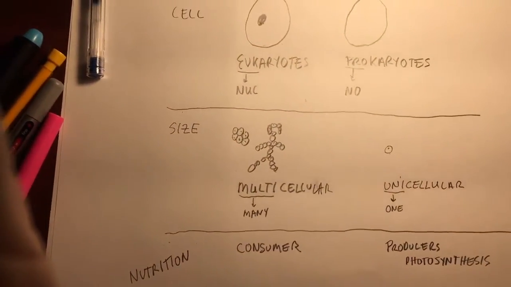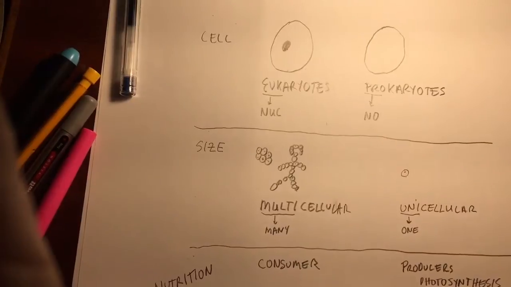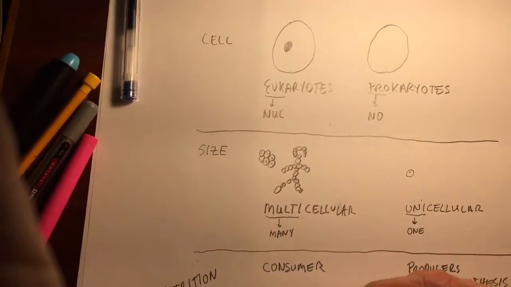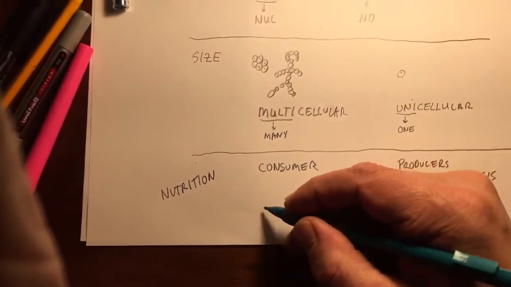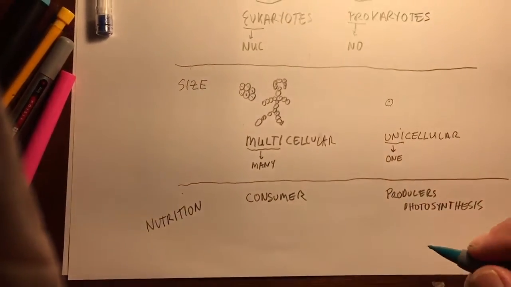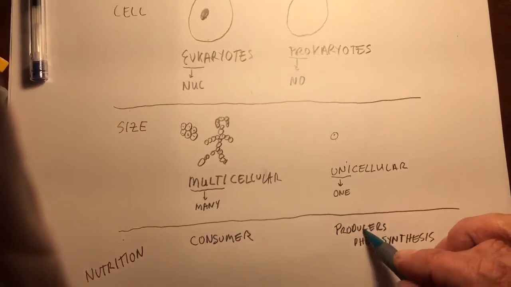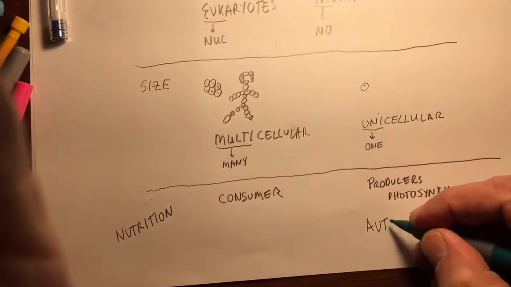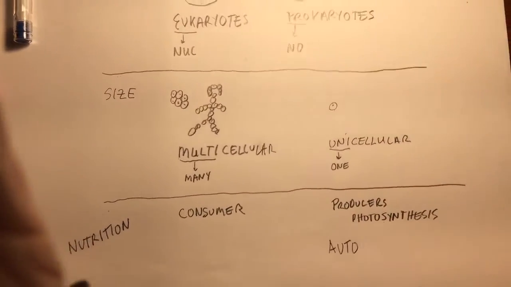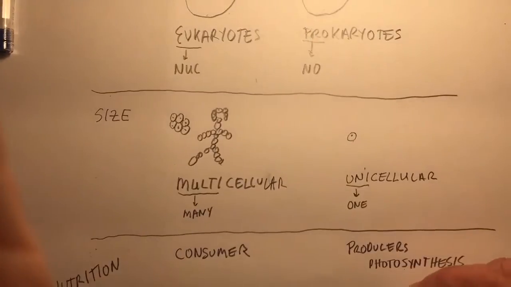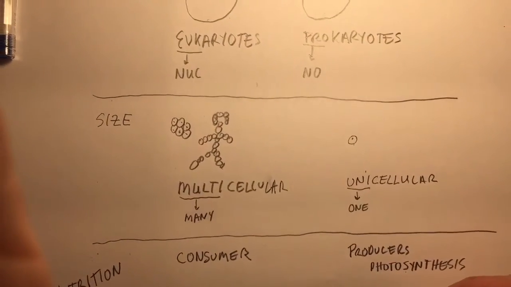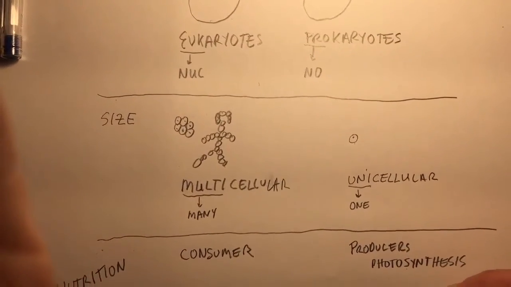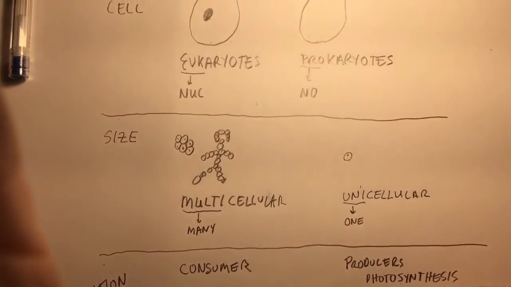Now, when they're talking about life on the planet, though, they often use these new words, which you'll see. And basically, we know producers can make their own food. So there's a fancy word they use called auto, meaning self, like automobile, self-mobilizing yourself.